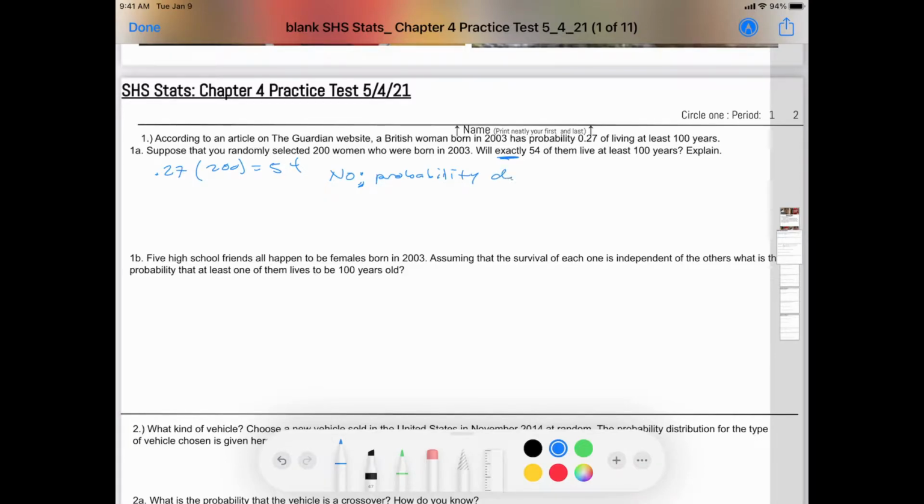Probability describes what happens just one time? No, it happens in many repetitions, which is probably way more than the 200, of a chance process.